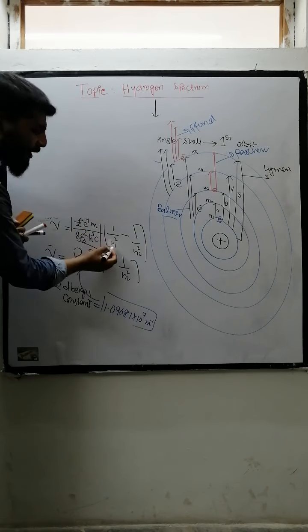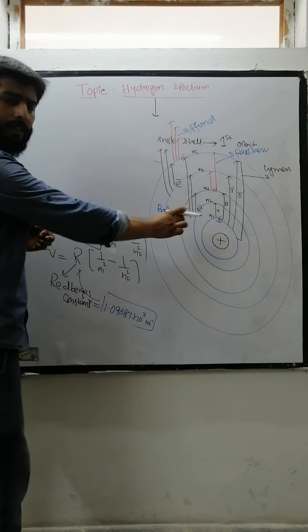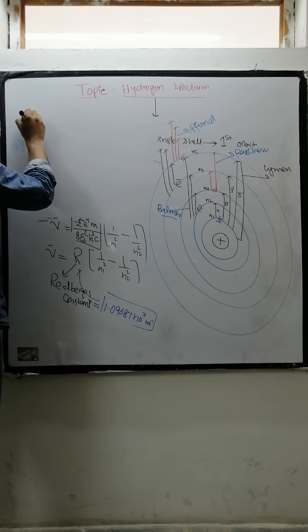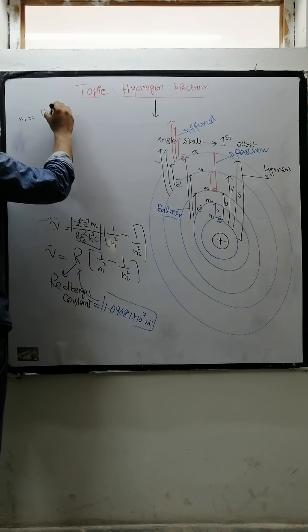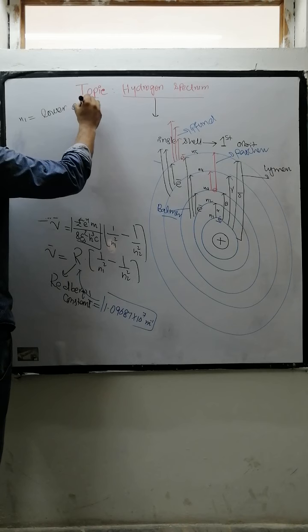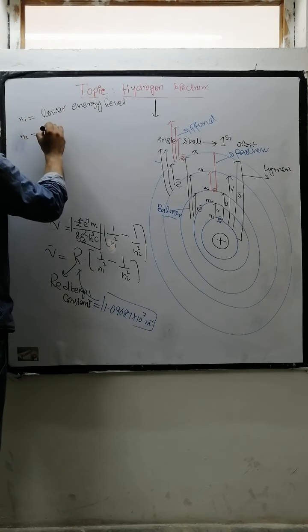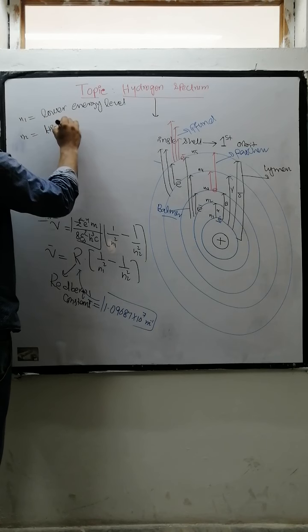Dear students, n1 is the lower energy level, n2 is the higher energy level. What does n1 mean? n1 means the lower energy level, and n2 refers to the higher energy level.